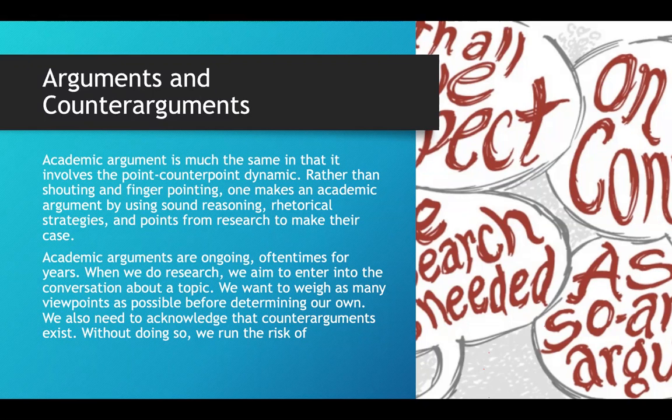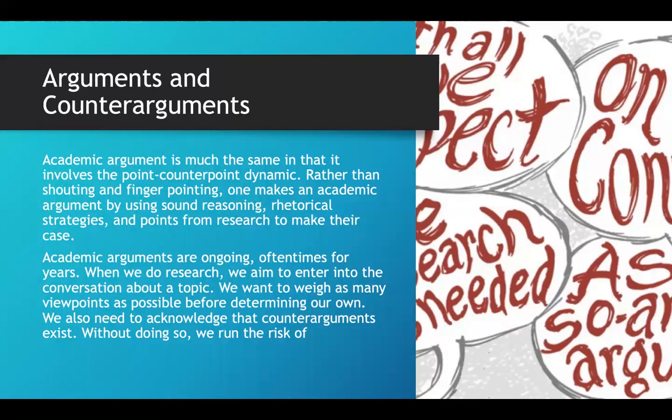conversations that are ongoing. So, with our research papers, what we are trying to do is not just simply find quotes that support our predetermined thesis. What you want to do is do research to help inform your thesis, to help frame your thesis. And by doing so, you're going to encounter a lot of arguments, some of which you may not agree with.